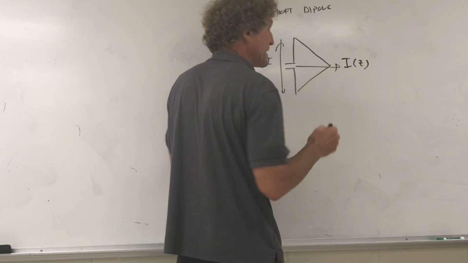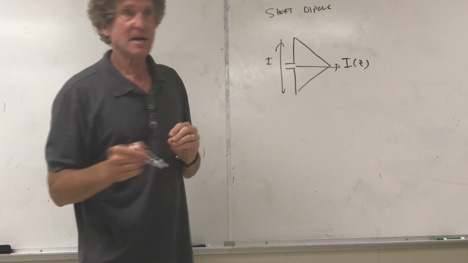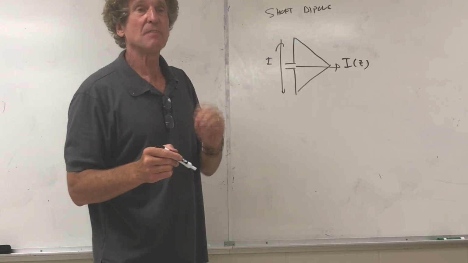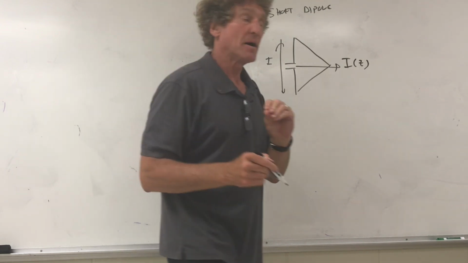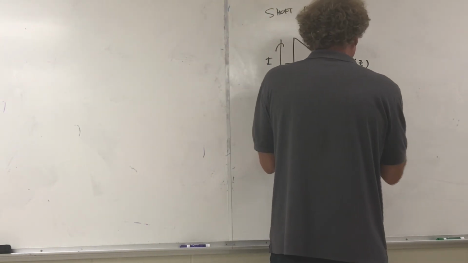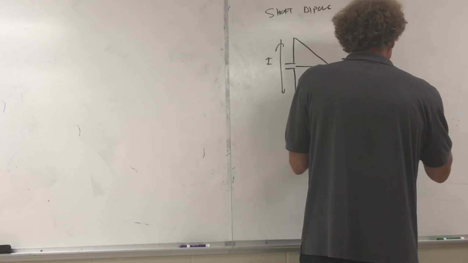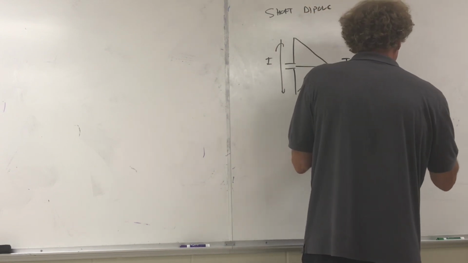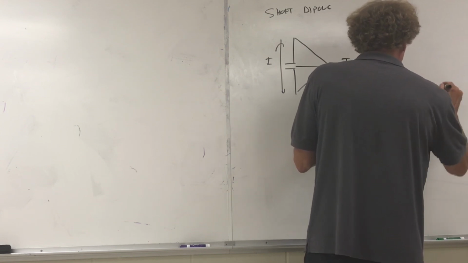Do you follow me, class? What that effectively does is halve the radiation resistance. I don't want to go through all of it, but for a real short dipole, R rad is going to be 40, not 80, pi squared times (L over lambda) squared ohms.